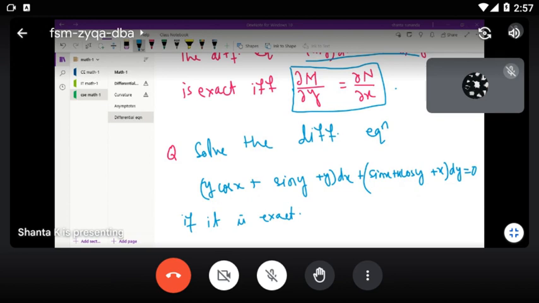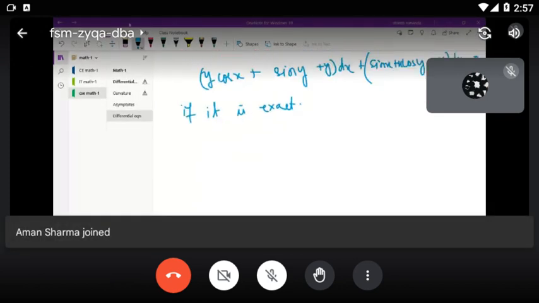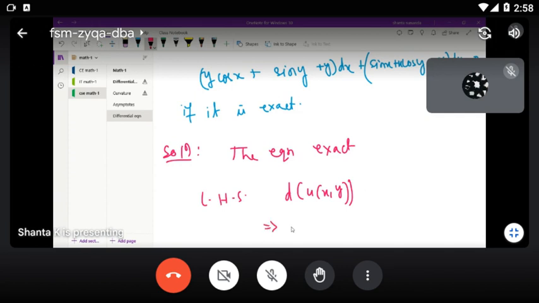So there must be some u of x, y where, since this is exact, the LHS must be the exact differential of some form. So what do you think if you integrate, what are you getting?